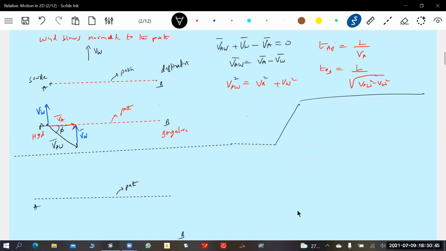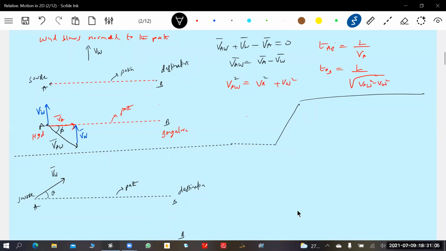Yeah, I can continue here now. Now the wind blows at a direction. Say let this angle be theta. And there's a path, there's a source, there's a destination.